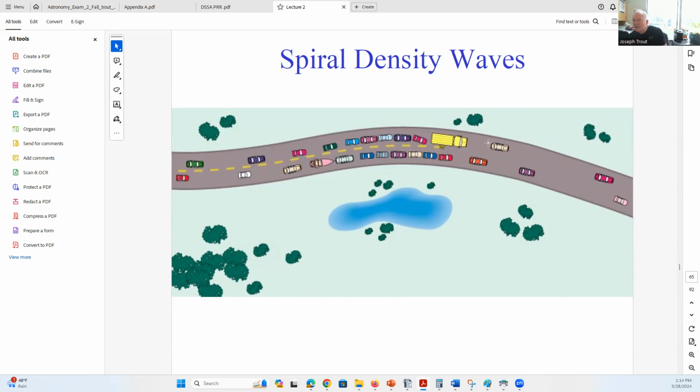So for instance, here, a truck was moving slowly in this lane, and that slowed everybody else down, right? But as people pass the truck, they speed up and move away. But cars keep coming to fill in this traffic jam. So that's how we think galaxies work.